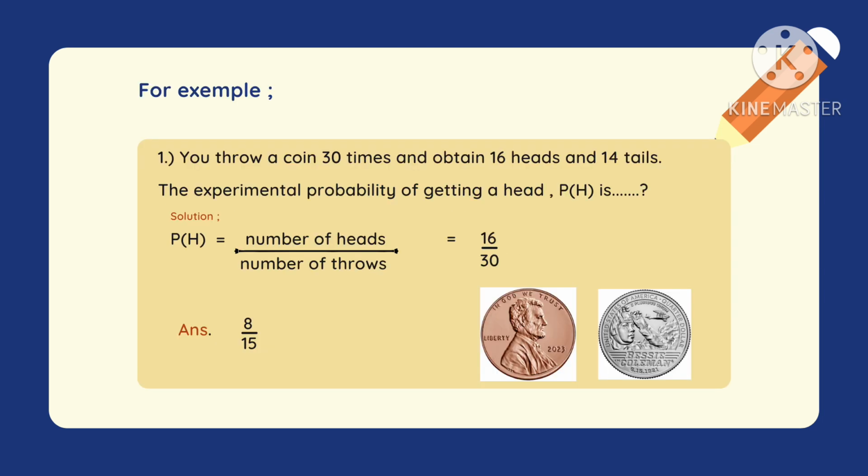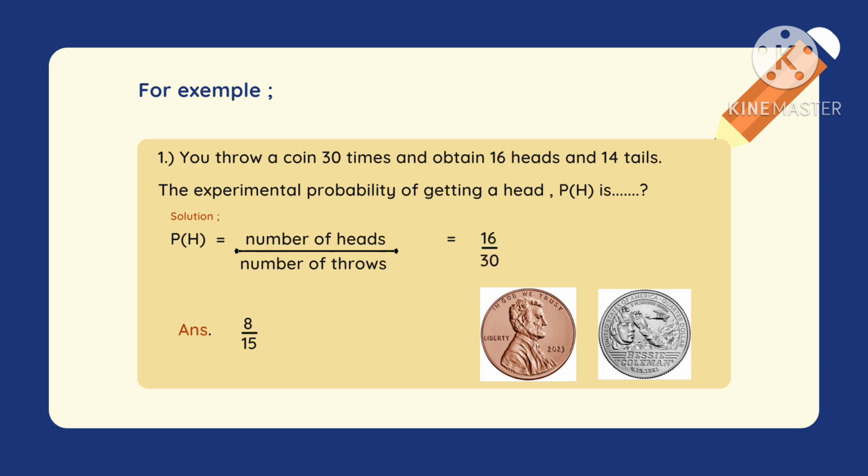For example 1. You throw a coin 30 times and obtain 16 heads and 14 tails. Find the experimental probability of getting a head. Solution. Have students consider from the question. So the probability of getting a head is the number of heads divided by the total number of throws, which equals 16/30.